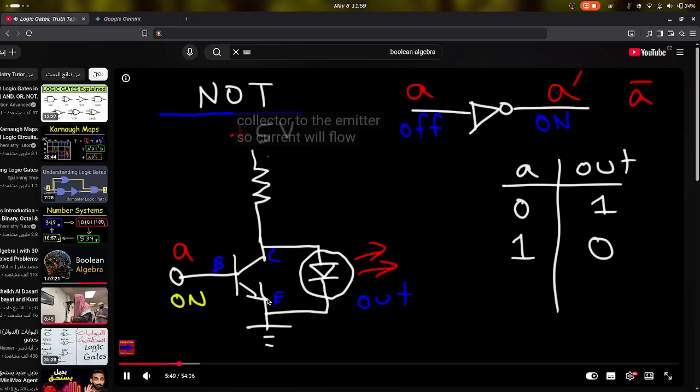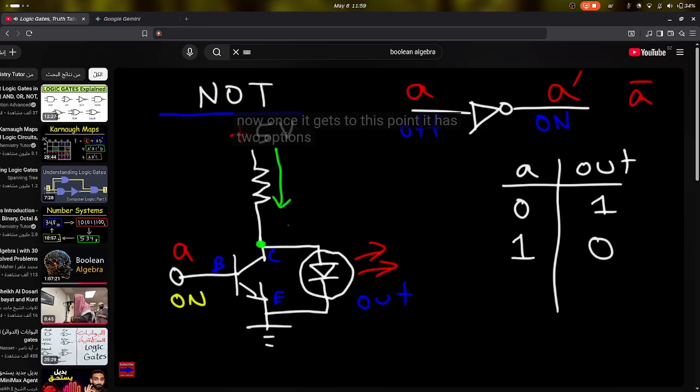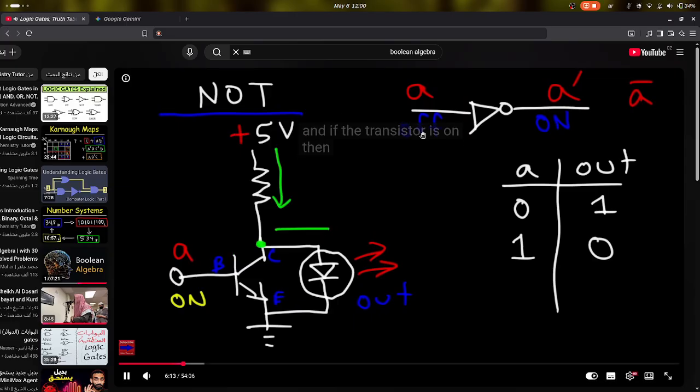So current will flow from the positive 5 volts through the resistor. Now, once it gets to this point, it has two options. The current can flow to the right, or it can flow to the left. Now, electricity will always take the path of least resistance. And if the transistor is on, then the path of least resistance is from the collector to the emitter.